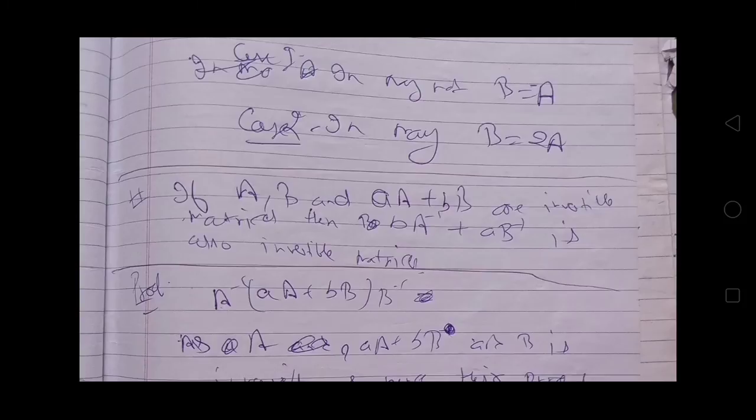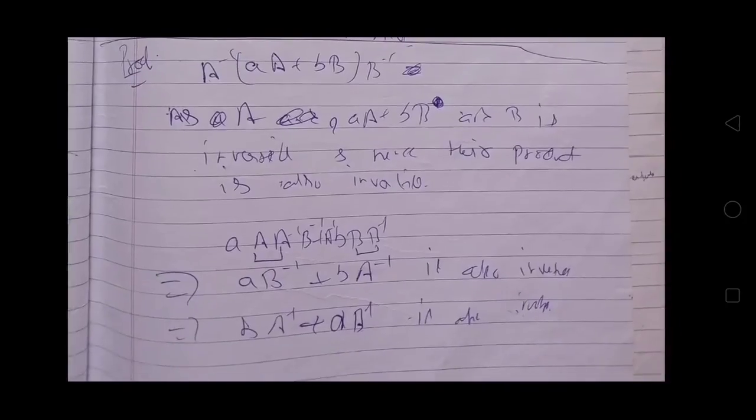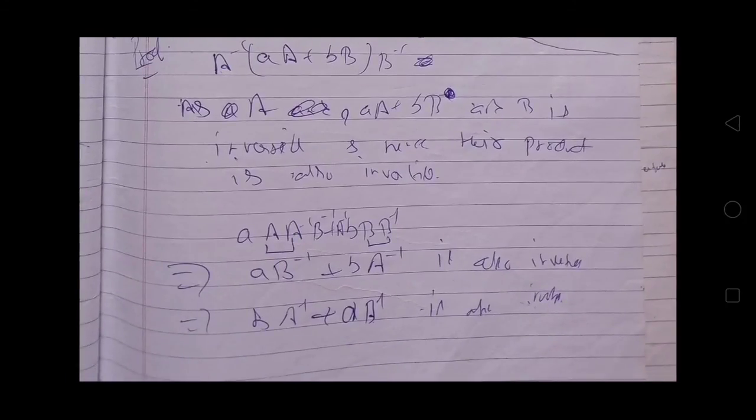Just pre-multiply by A inverse and post-multiply by B inverse in A times A plus B times B. As A, A plus B, B and B are invertible, their product is also invertible, and you will get A A inverse B inverse plus A inverse B B B inverse.